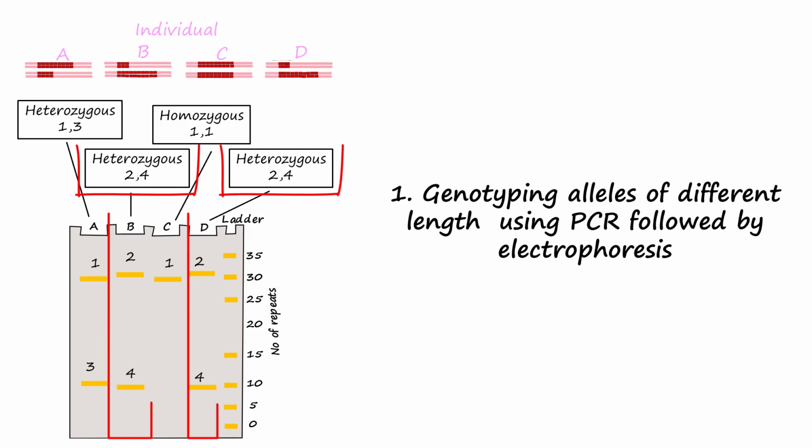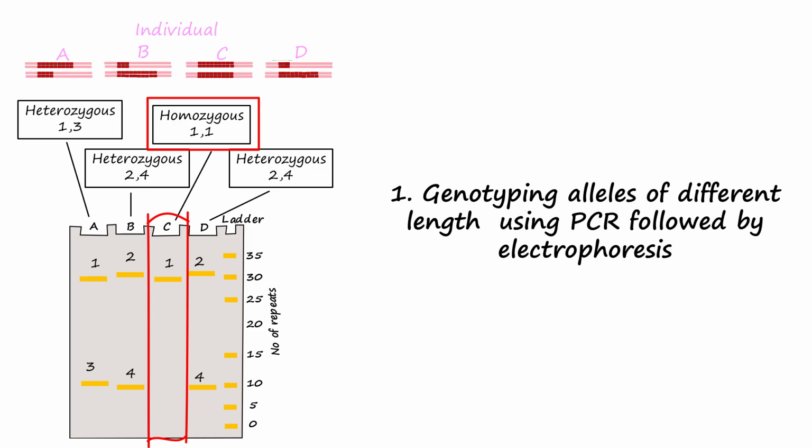Individuals B and D also have 2 bands, but the bands are a different distance from the wells than individual A's bands. So individuals B and D, though also heterozygous, have different alleles, that is, alleles 2 and 4. In contrast to these heterozygote individuals is the homozygous individual C with only 1 band, allele 1.